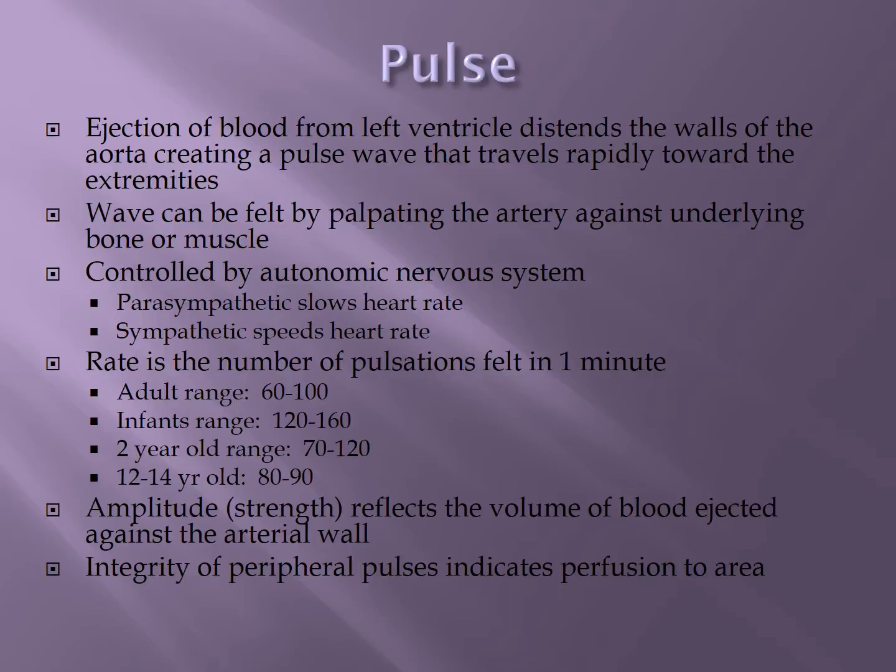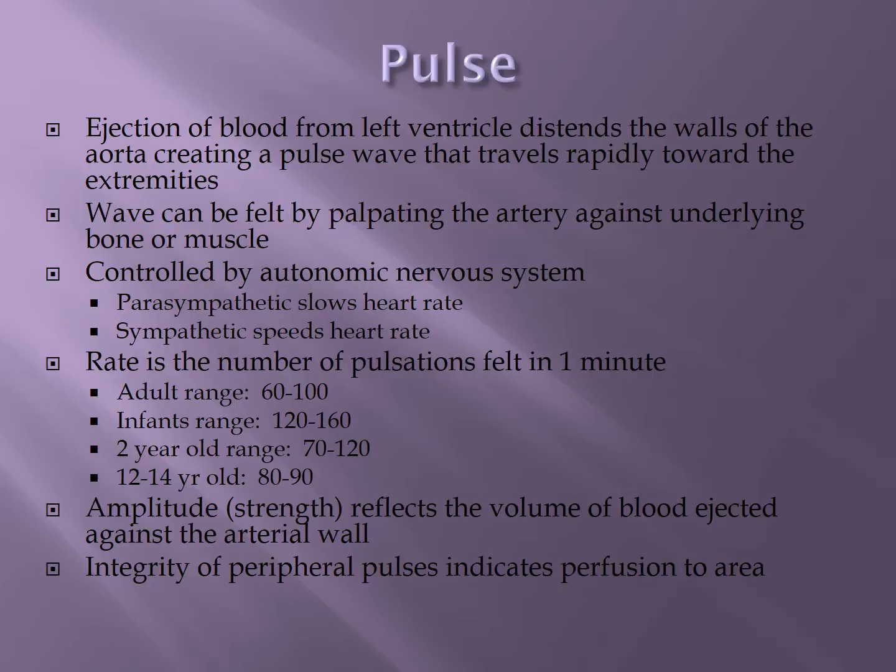When we are assessing a pulse, one of the first things we do is count the number of pulsations felt in 1 minute. Now, this is the primary thing that is done by anyone who assesses a pulse. And we then compare the number of pulsations that we felt to what the normal ranges should be.